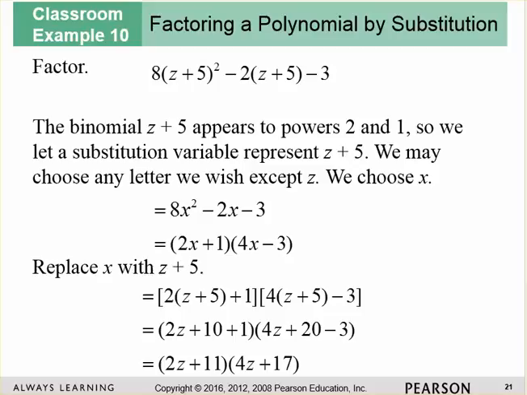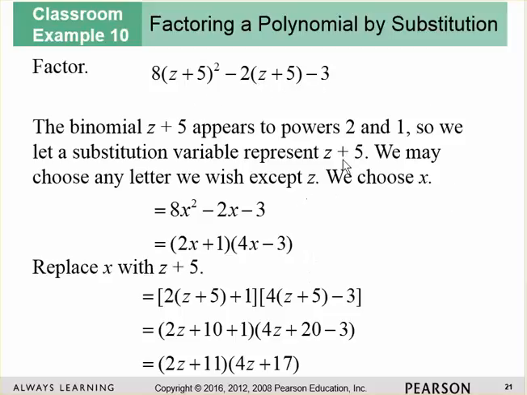And first of all, if you identify that there is something going on here, you have this z plus 5, which very much looks like what you would normally see as a variable. So to solve this problem, we're going to replace the z plus 5 in both of these two terms, and we're just going to let it equal x.